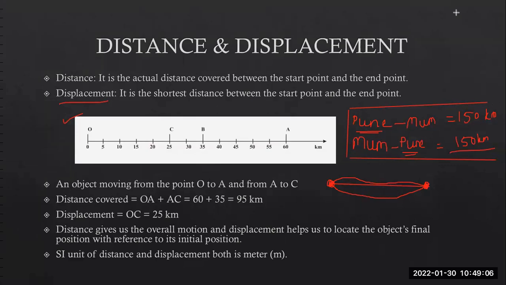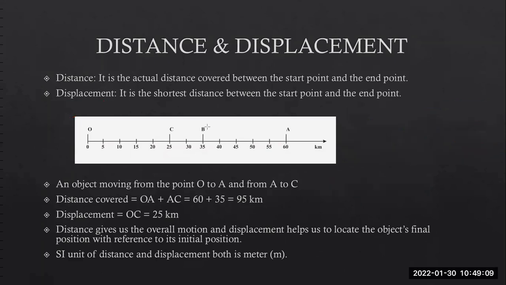Right. Here you can see this diagram which I have borrowed from your textbook. Here we are considering an example of an object moving from point O to A and then from point A to point C. If we have to find the distance the object has traveled, we add the distances it has covered.